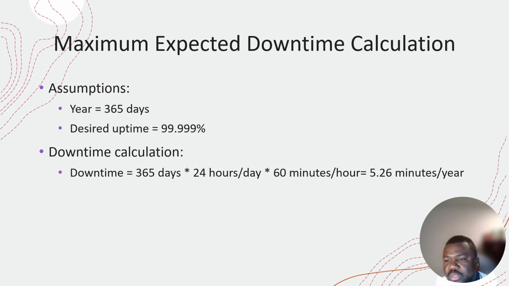Then we calculate the number of minutes in a given year, which comes out to be 525,600 minutes. Now that we've done so, we multiply our downtime percentage by the minutes in a year, and we come up with 5.2 minutes per year of maximum downtime.